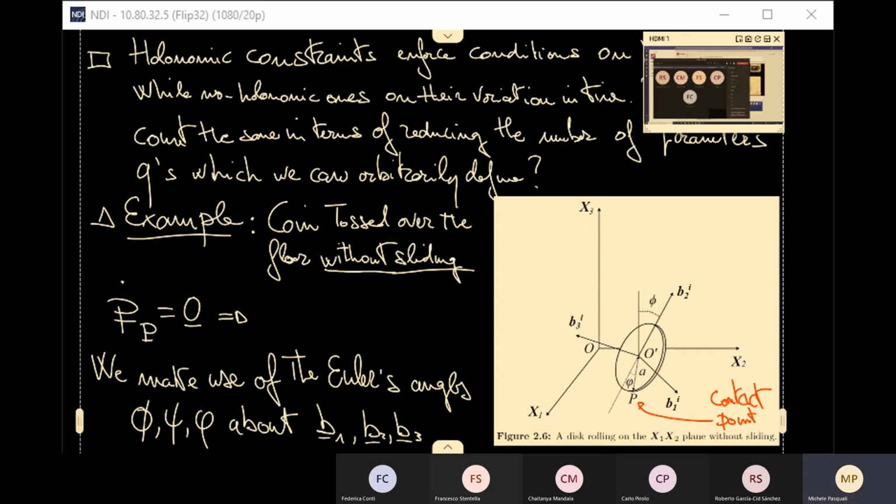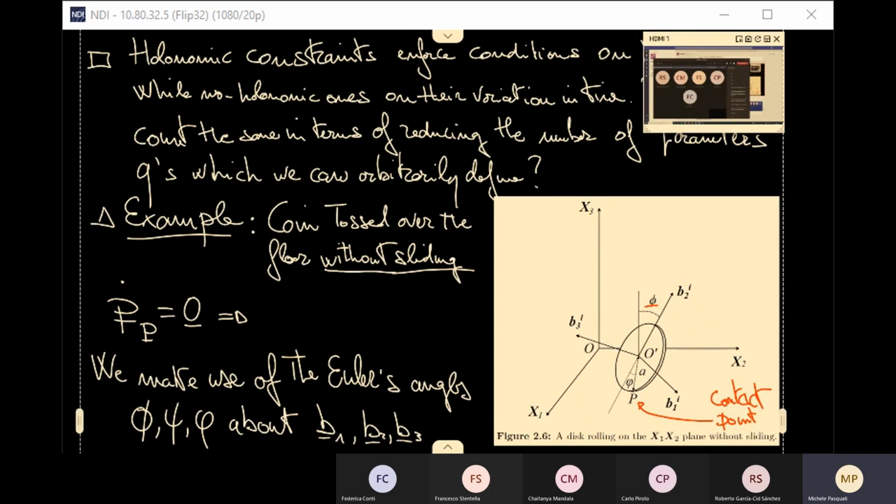In the drawing here, I hope it's clear, but so phi here is the angle between, basically, you can say B2 and the vertical from the ground. So this is one.